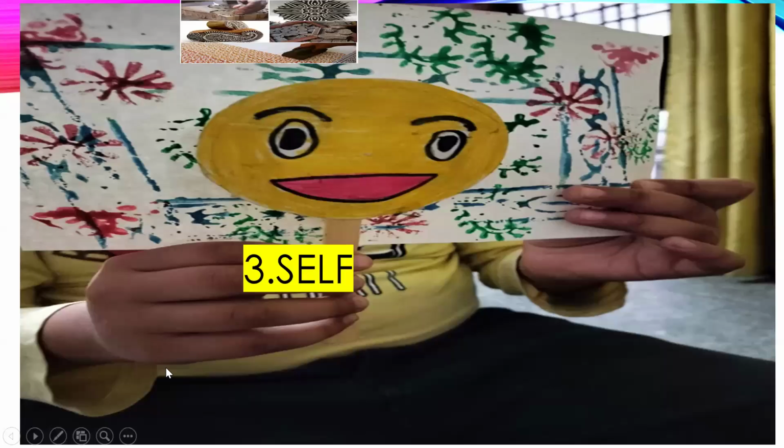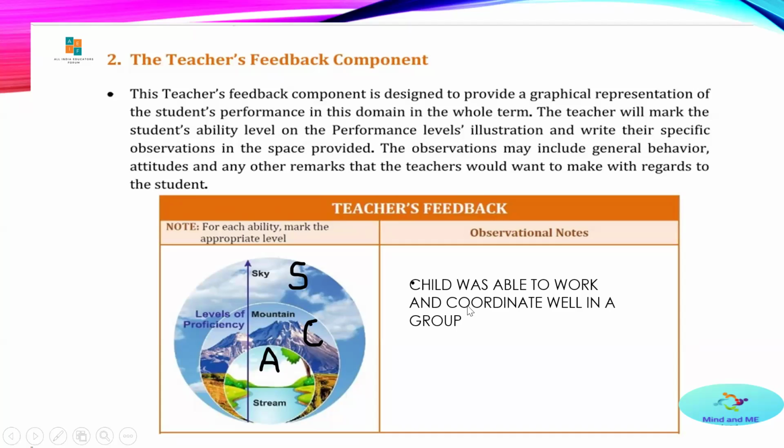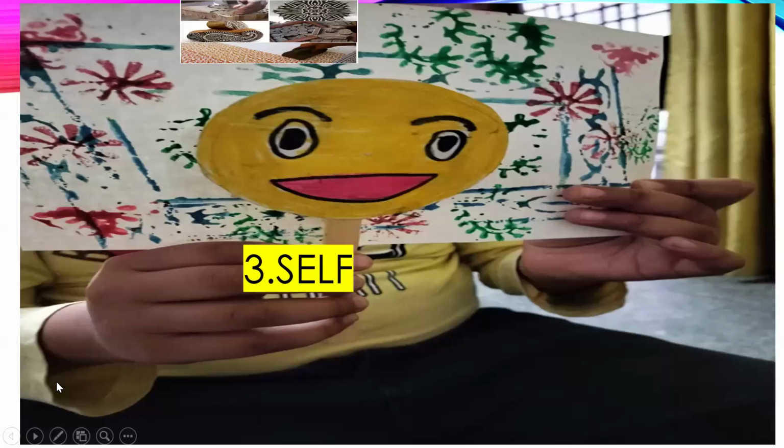Why? This has to actually match what your observation is and how you have graded, or mentioned the performance level of the child. So that has to align with each other.